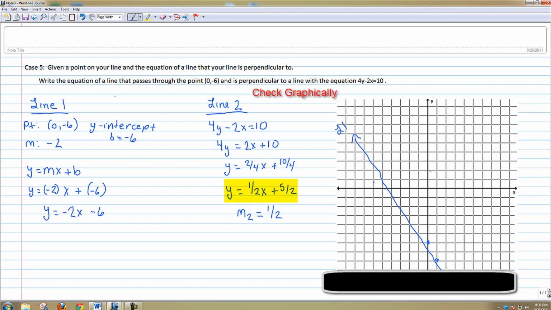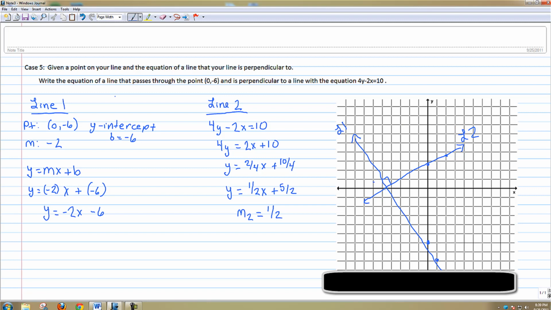I'm going to plot its y-intercept, which is at (0, 5/2), and its slope of 1/2: for every 1 that I rise, I should run 2 units. Connect the points, and you can see from my rough sketch that these do intersect at a 90-degree angle. So these lines are perpendicular.